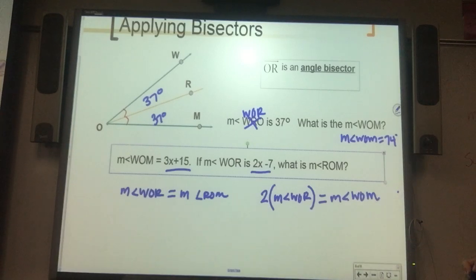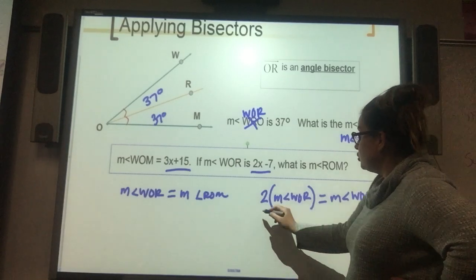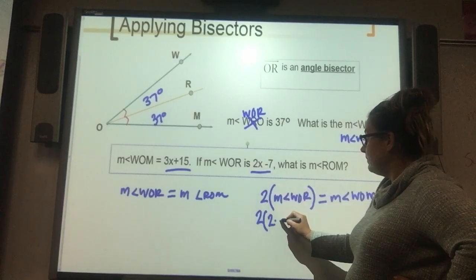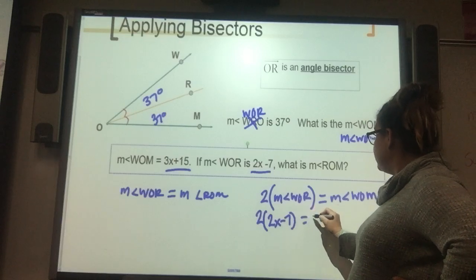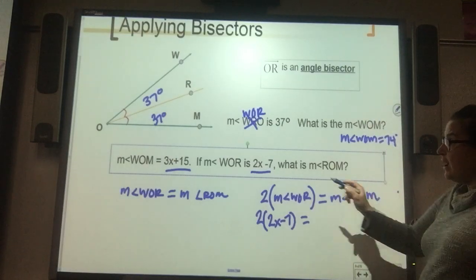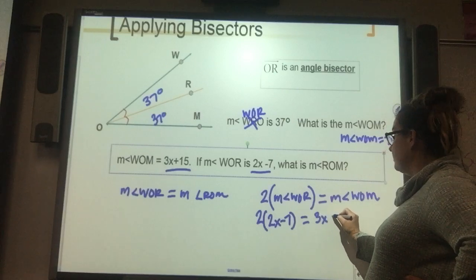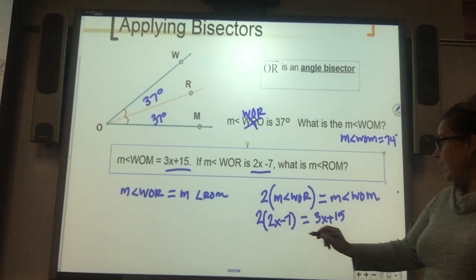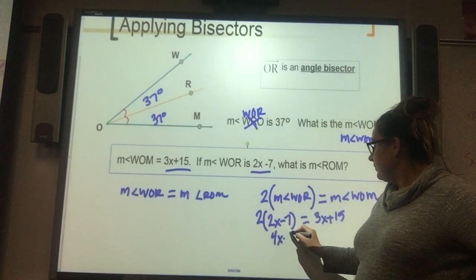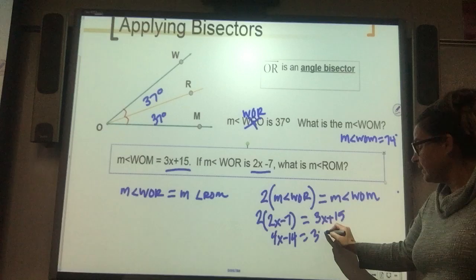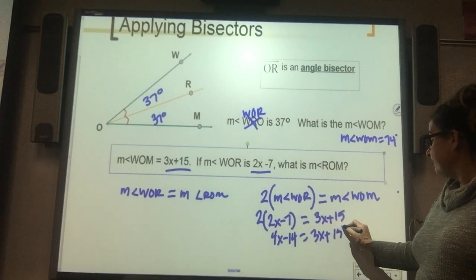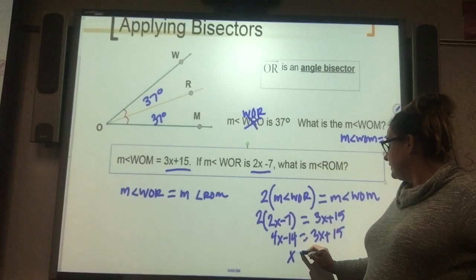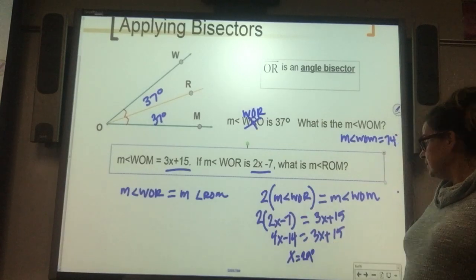So what I can do is solve this equation. 2 times the measurement of WOR, which is 2x minus 7, is equal to the measurement of WOM, which is 3x plus 15. So I've got 4x minus 14 is 3x plus 15. I'm going to subtract 3x, add 14, so I get x equals 29 degrees.